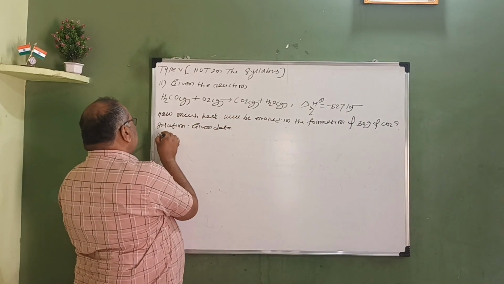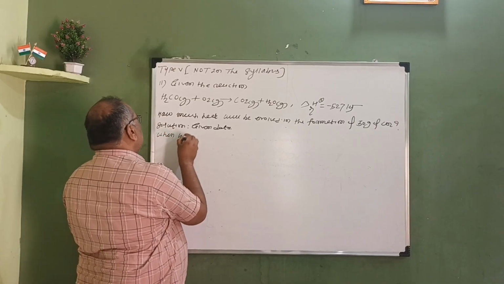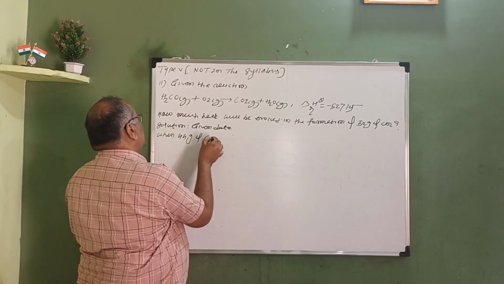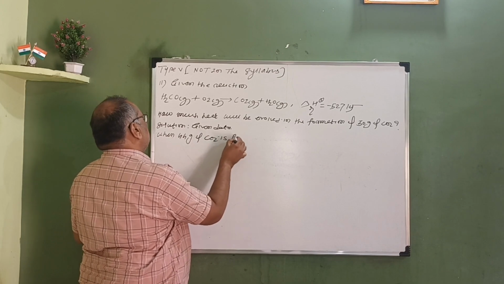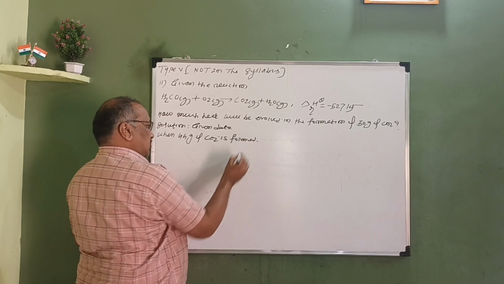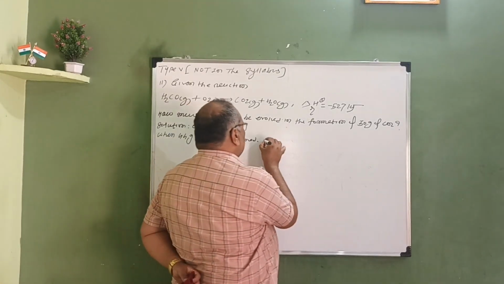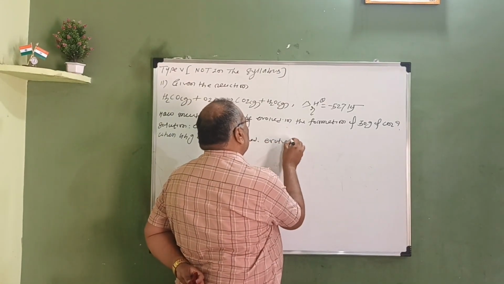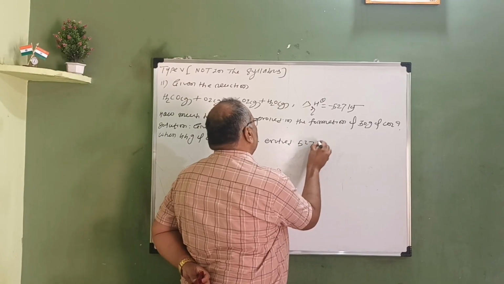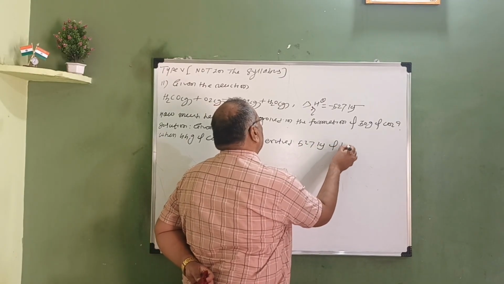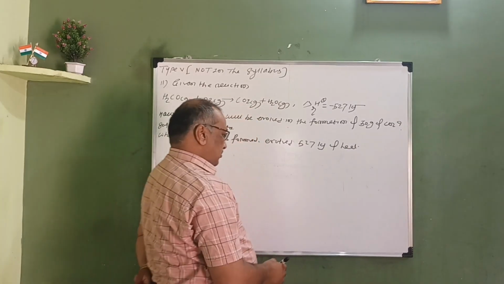Hence, when 44 gram of CO2 is formed, evolved 527 kilojoule of heat.